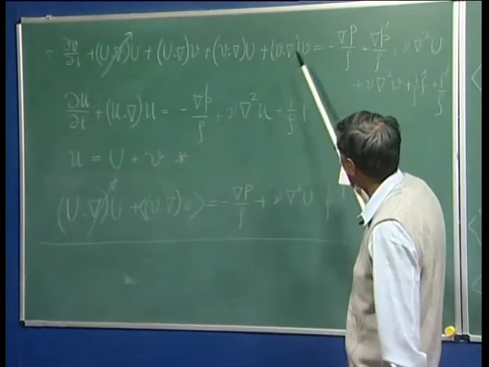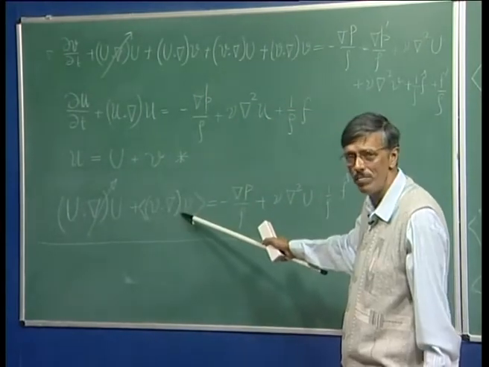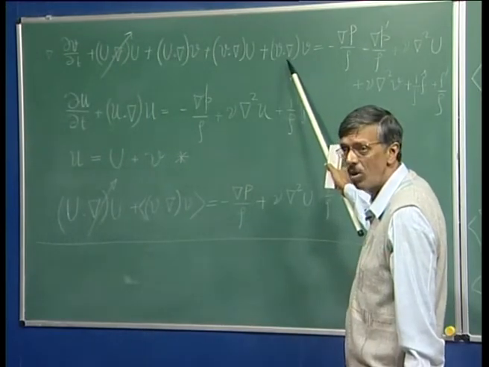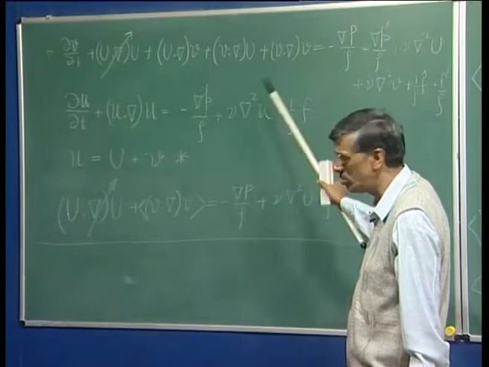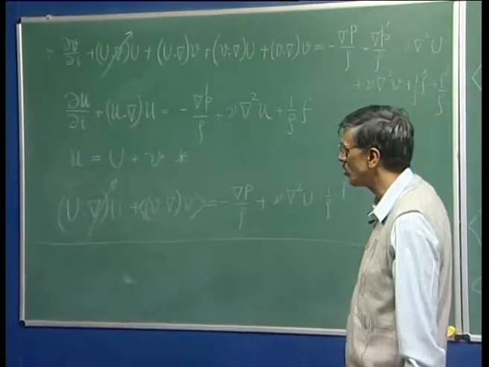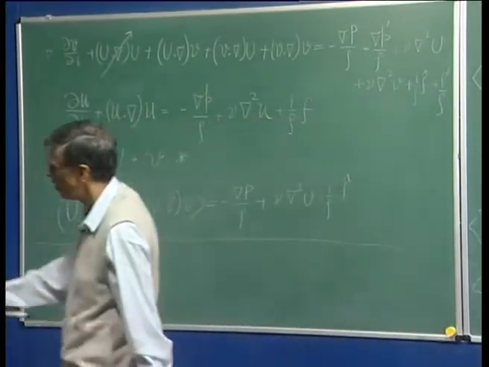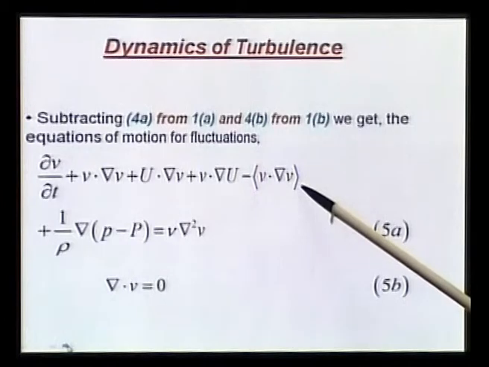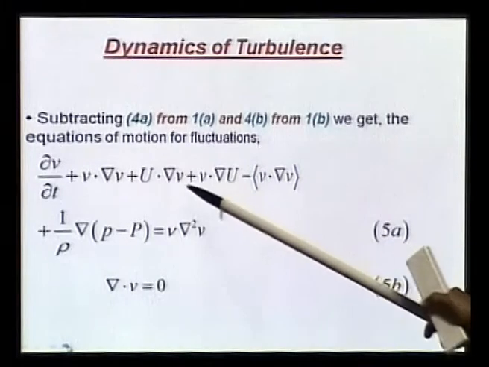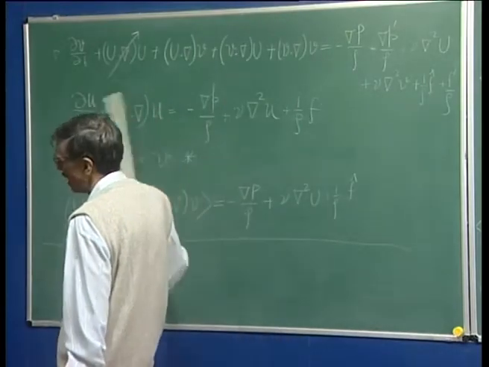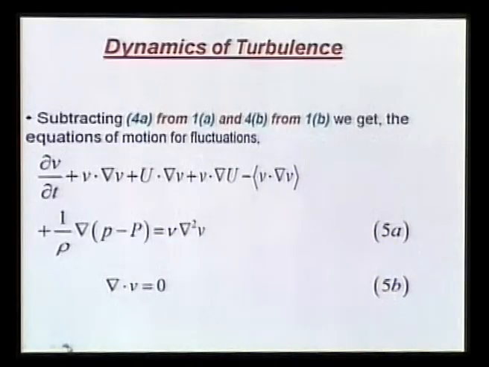Please do understand that this term and this term are not the same. This one retains all its time variations. This is the corresponding time average term. So that's why both of them would be there. This plus this, both of them are there. And these two are those terms which are here, this and that. They appear there.